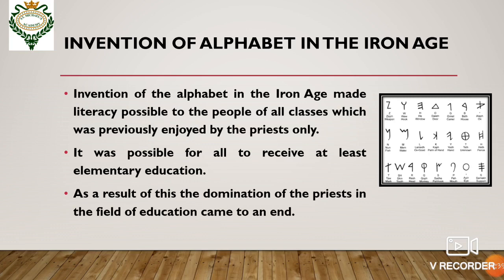Invention of the alphabet in the Iron Age made literacy possible to the people of all classes, which was previously enjoyed only by the priests. It was possible for all to receive at least elementary education. And what do I mean by elementary education? That is basic education of reading and writing. As a result of this, the domination of the priests in the field of education came to an end.